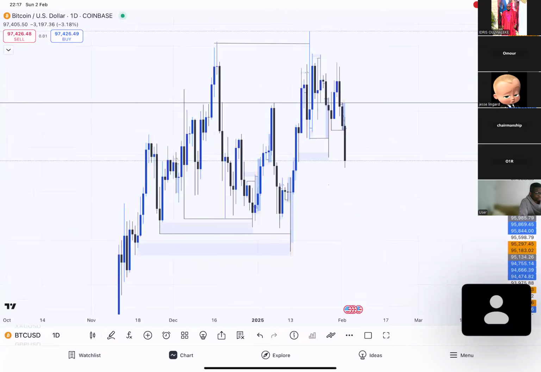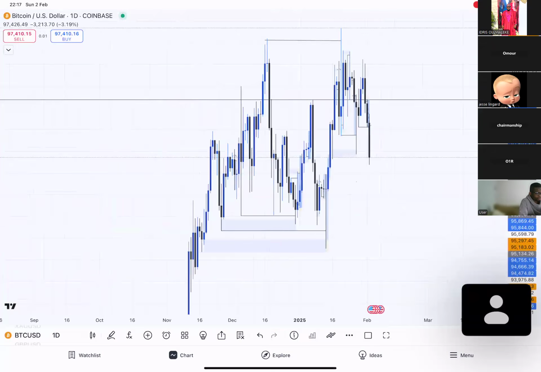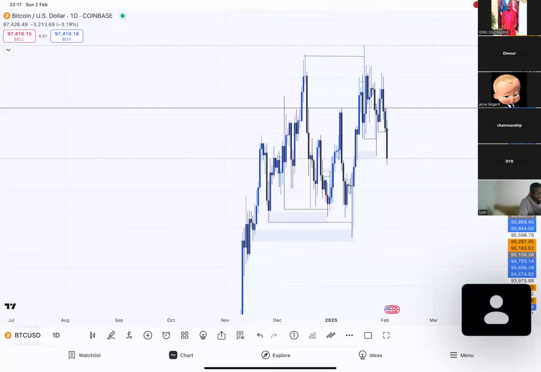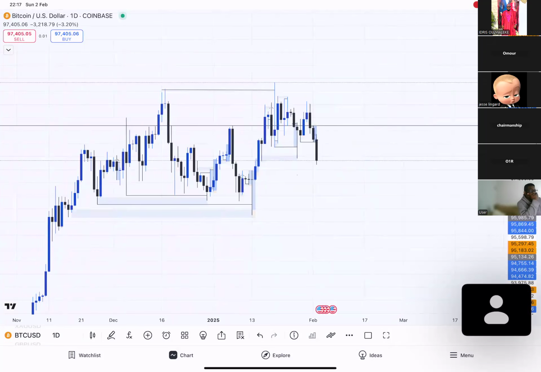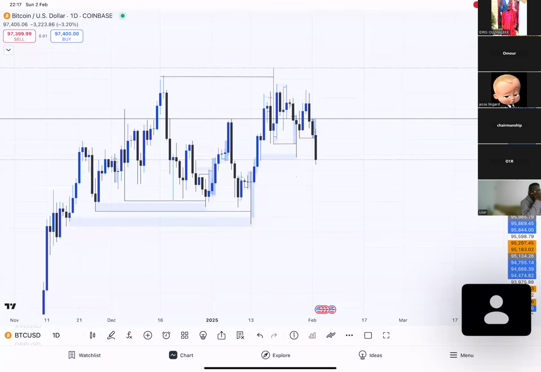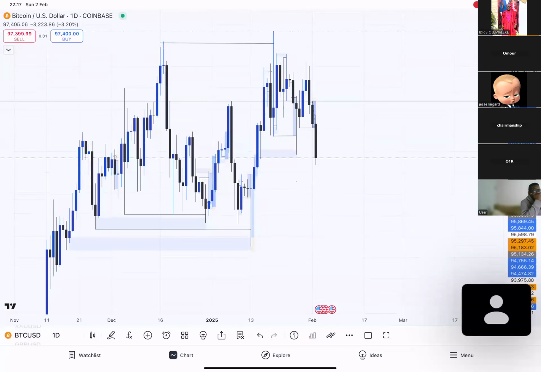Then that reversal is also taking out liquidity before it starts buying.